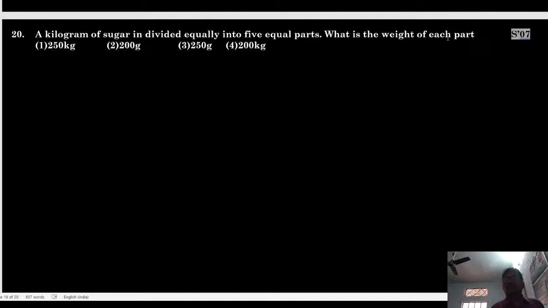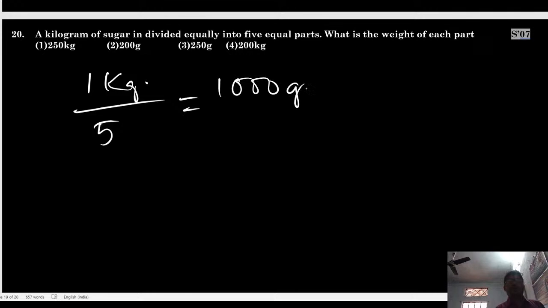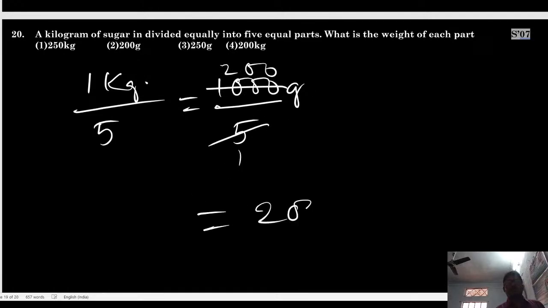What is the weight of each part? We have to divide 1 kilogram by 5. 1 kilogram means 1000 grams divided by 5, which is 200 grams. Option 2.